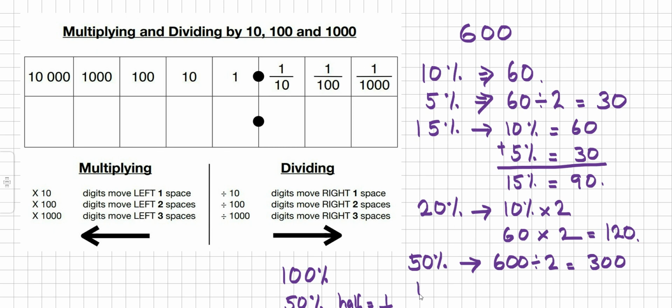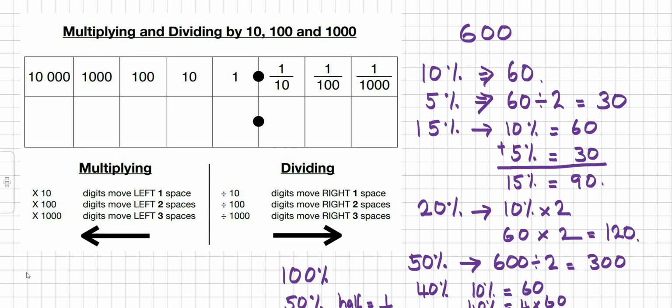So what about 40%? Well, this we could find in two possible ways, couldn't we? Because we could say, well, we know 10% is equal to 60, so 40% is going to be 4 times 60, which is 240.